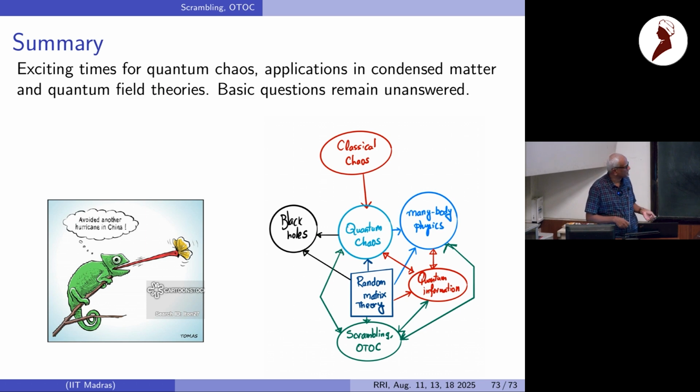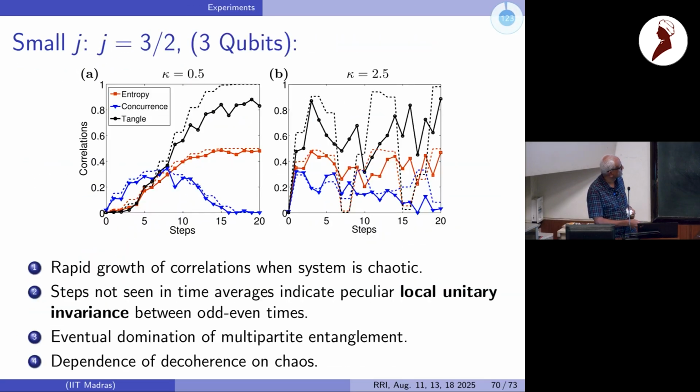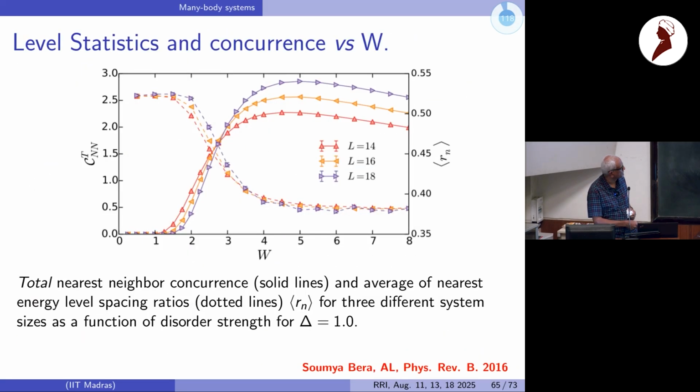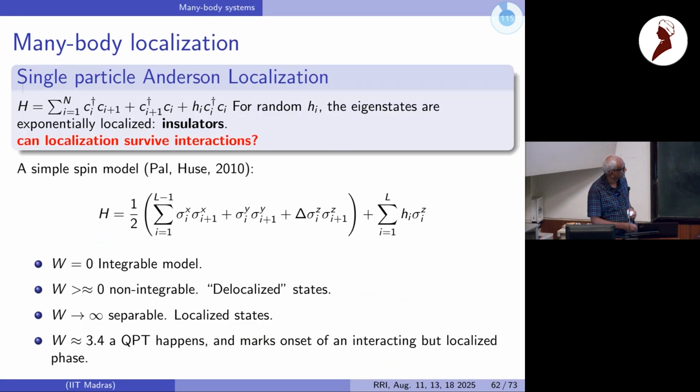Oh, you want me to go back? W is the width of this disorder. So disorder lies between minus W by 2 and W by 2, uniform.